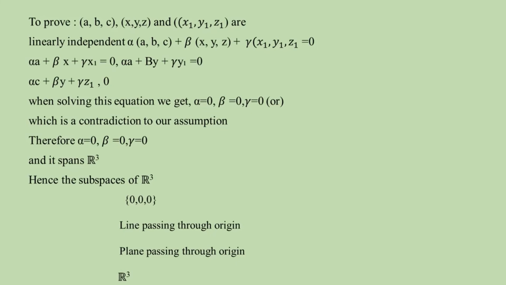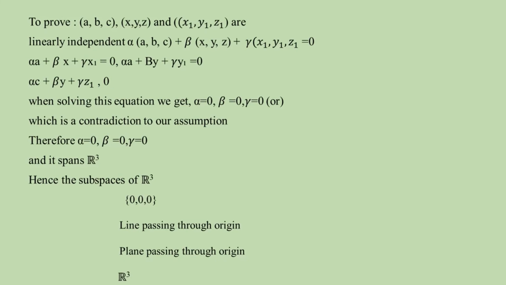Therefore alpha a plus beta x plus gamma x1 equals 0, alpha b plus beta y plus gamma y1 equals 0, and alpha c plus beta z plus gamma z1 equals 0. So when solving these equations, we get alpha equal to 0, beta equal to 0 and gamma equal to 0.